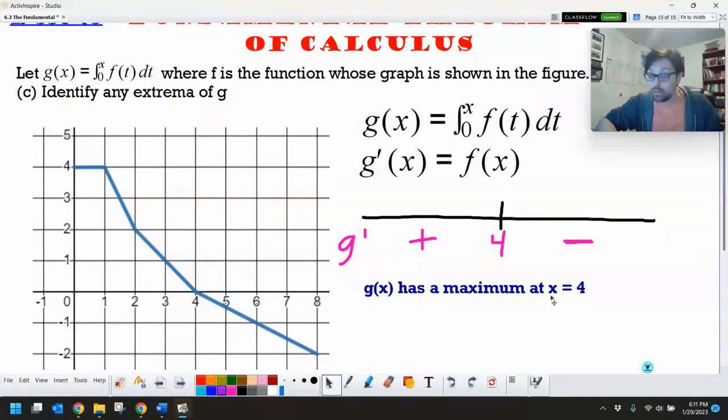In the back, they're only looking for this one. If we were to include it, we would still do our regular thing based on the first derivative test, that since we're increasing after this point, we would have a minimum at x equals 0, and we would have a minimum here as well at x equals 8, since we're decreasing into that point, all based on the first derivative test.